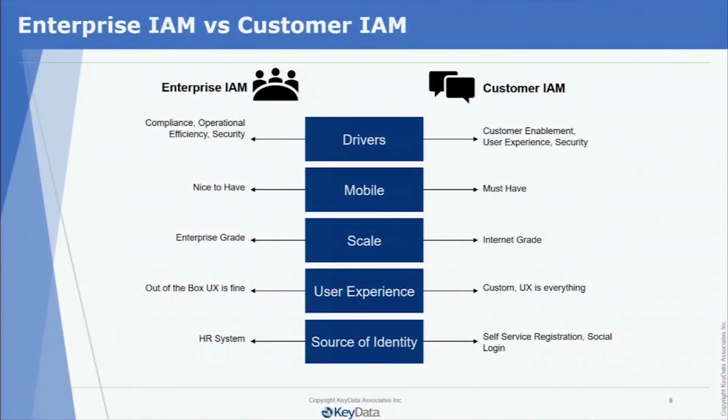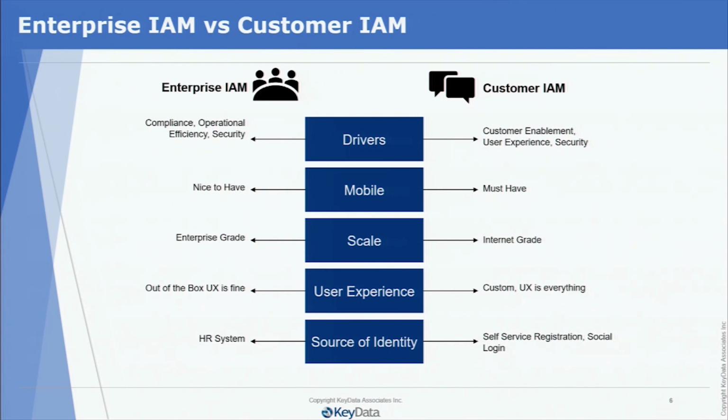So we're going to talk about the difference between the enterprise IAM, sometimes called EIAM, and your CIAM. Well, the drivers are a little different. With enterprise IAM, we worry about compliance and how we address it through automated processes where we remove the human element of risk.